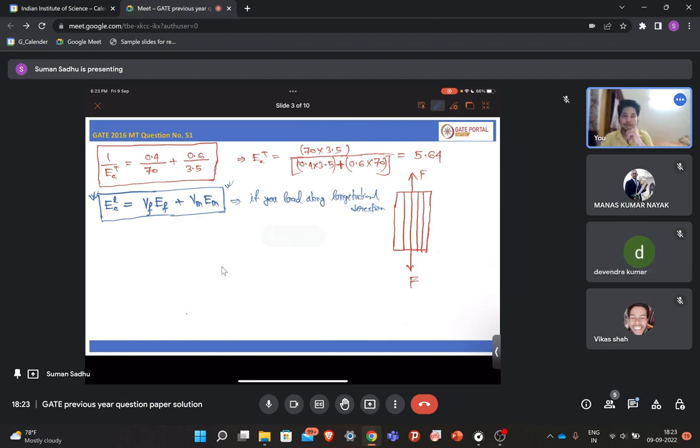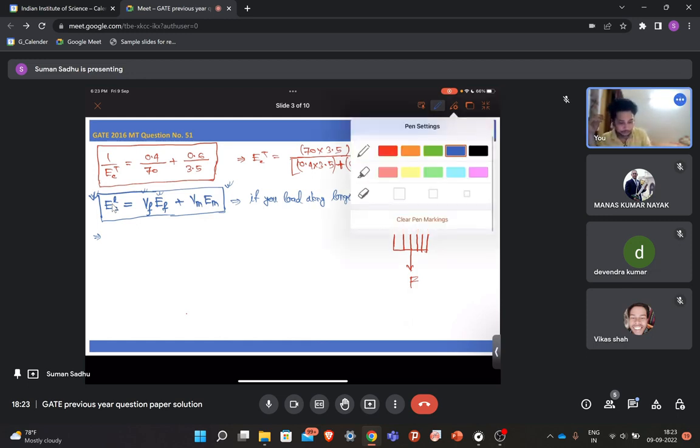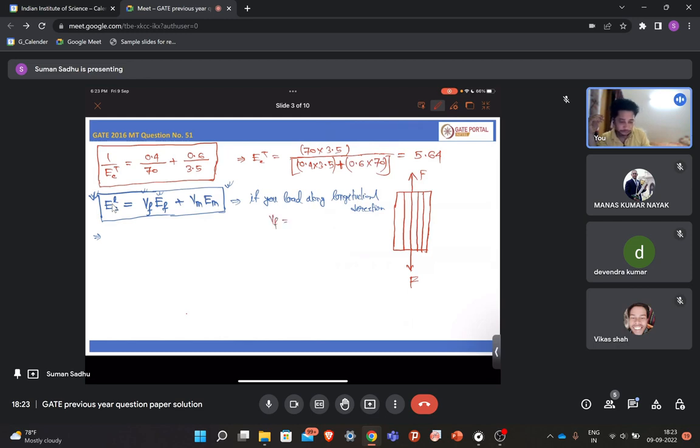Okay, first calculate the elastic modulus in the longitudinal direction using this formula. Then let me know the answer. All the values are given, right? VF you know, EF you know, VM you know, and EM you know. I'm writing it once again here. VF, the volume fraction of the fiber, is 0.4. VM is also given, that is 0.6, which is 1 minus 0.4.